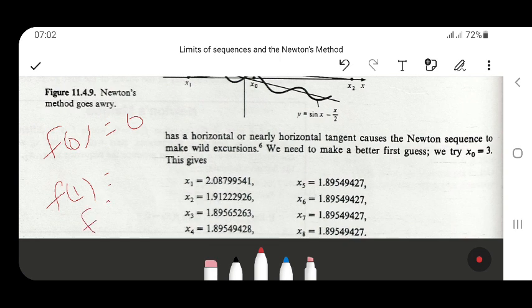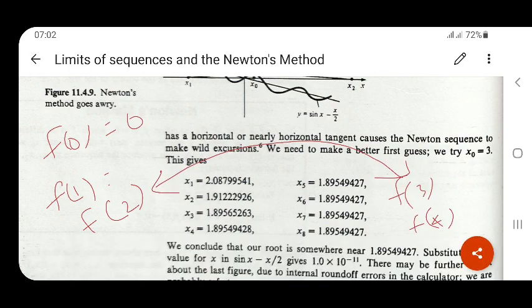Then f of 2, and again f of 3. If these two are of the same sign, then we have to find out f of 4. If these two are of opposite signs, then we need not find out f of 4. That is how we choose an x naught.